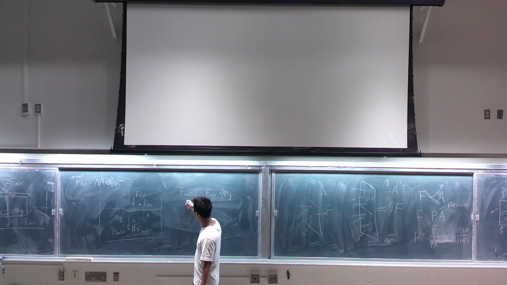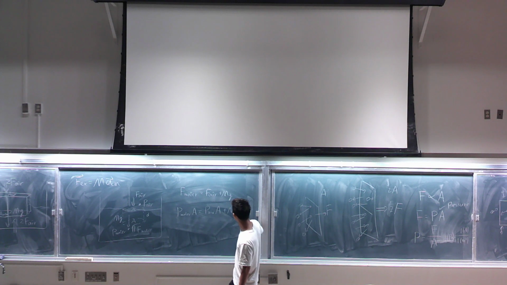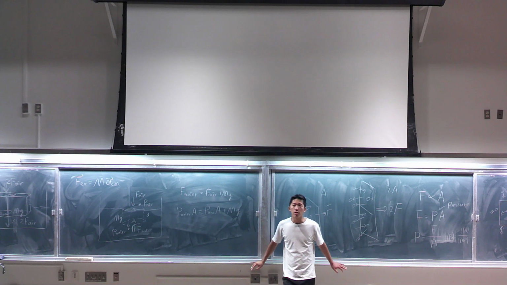So the force from water will be the pressure of the water times this area, and the force from air will be the pressure of air times that area. Gravity is gravity. Okay?